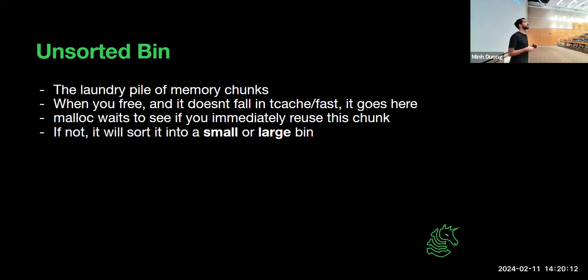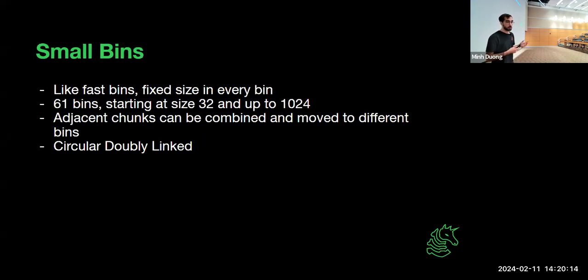And those small and large bins are sorted. So small bins, like fast bins, have a fixed size in every bin. There are 61 bins, each of them with an associated size. Chunks have to be of that size to fall into that bin. Coalescing can happen within the small bins, and it's a circular doubly linked list.